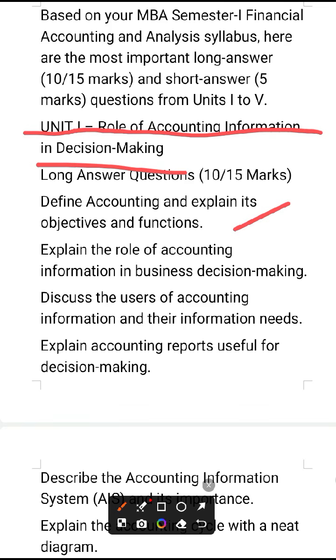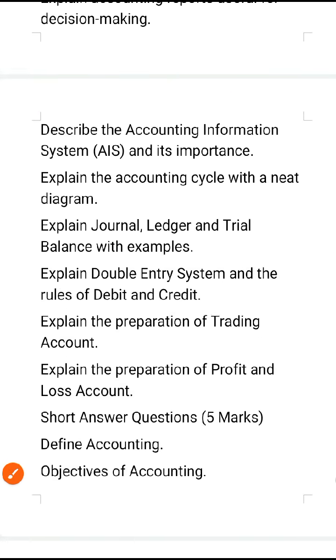Now, the first one is define accounting and explain objectives and functions. Explain role of accounting information in business decision making. Discuss the uses of accounting information and their information needs. Explain accounting reports useful for decision making.